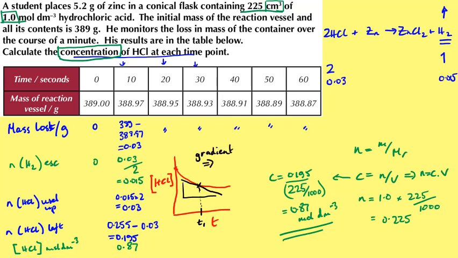So the gradient gives you the rate at T1. But that graphing business is the subject of a whole lesson, and so we'll deal with that in more detail in due course.